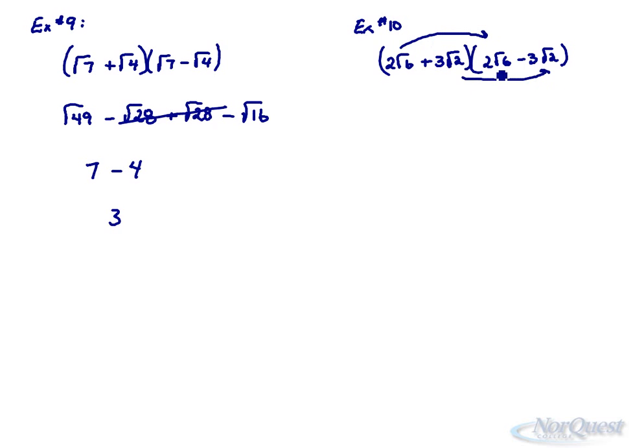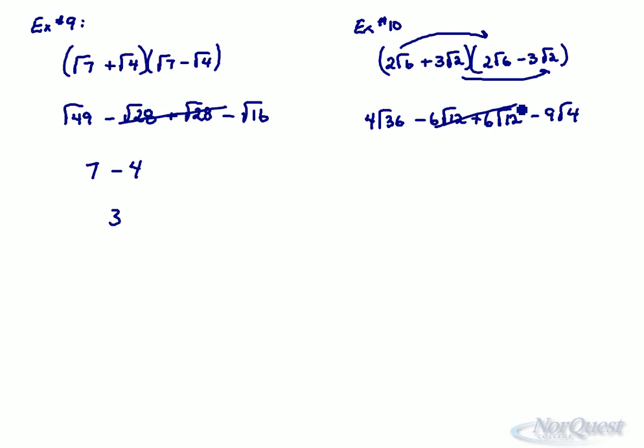So 2 root 6 and 2 root 6 gives you 4 root 36. Again, I'll show you the FOIL. 2 times negative 3 gives you negative 6 root 12 plus 6 root 12. And when you multiply the lasts, you get negative 9 root 4.